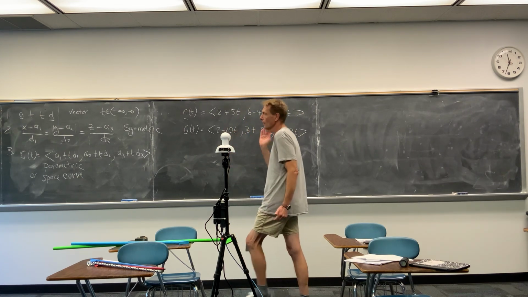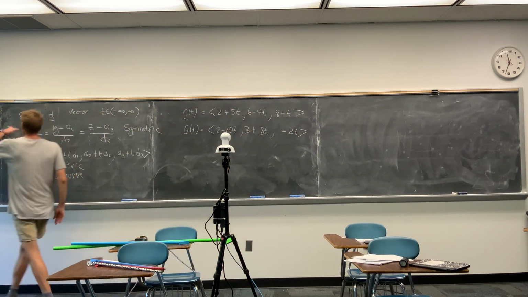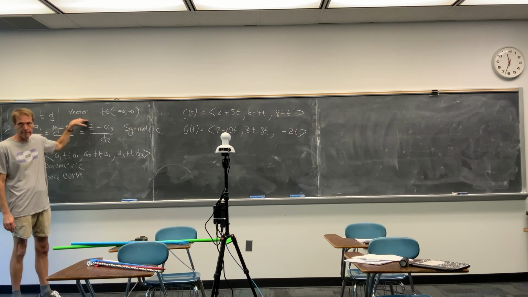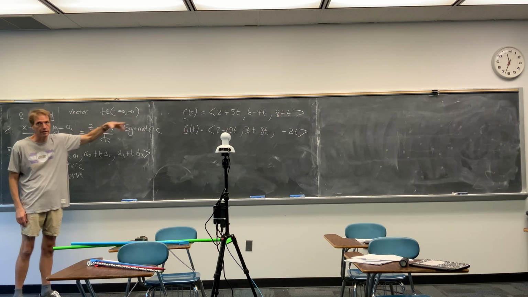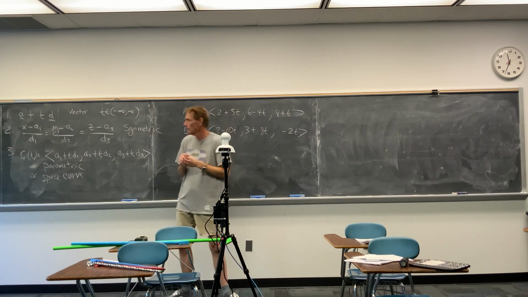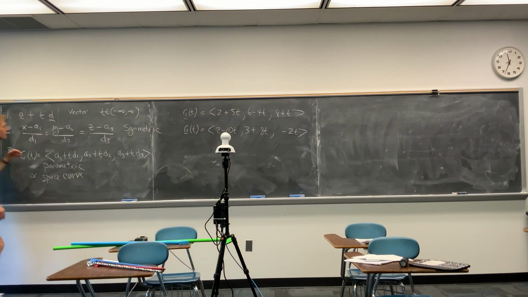So I've got my three basic forms of a line that I've written down. My first one is called the vector form, and we're assuming that this scalar t is allowed to take any value from minus infinity to infinity. This is the form I want you to drill into your head: A plus TD.